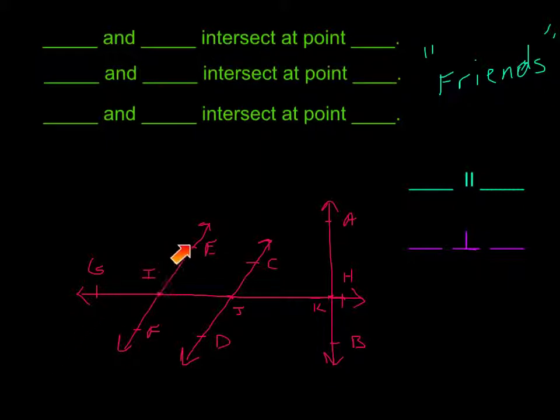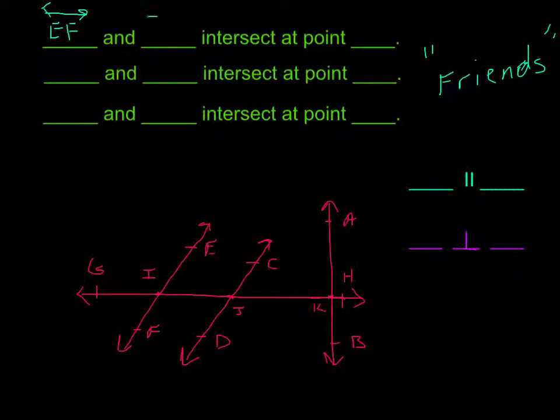Let's go ahead and do line E and F. So we're going to say line E and F intersect G and H.